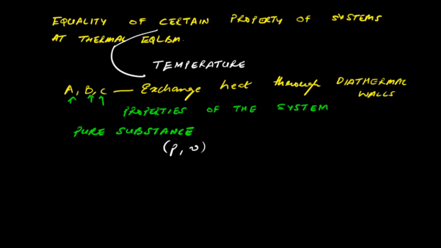Now, if we have two systems, let's say A and B, which interact thermally, then the properties of these systems, A and B, or A and C, or B and C, are going to change when you have thermal equilibrium.